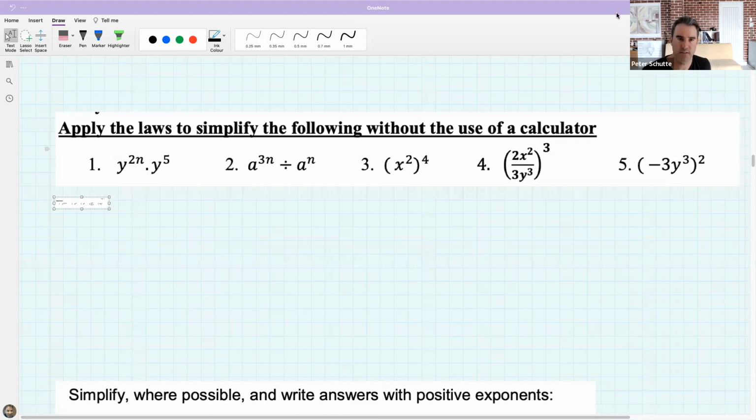If you are unsure about something, I'm happy to have a conversation about one of the questions if there's anything you're unsure of, but for now, practice makes perfect.